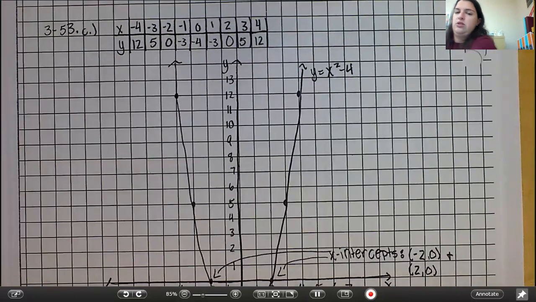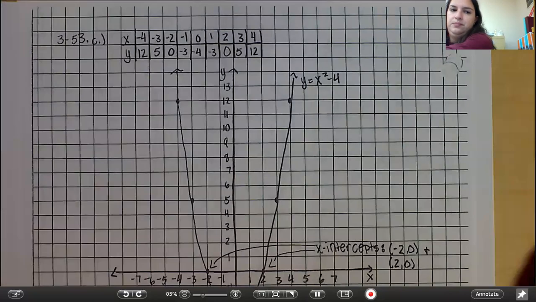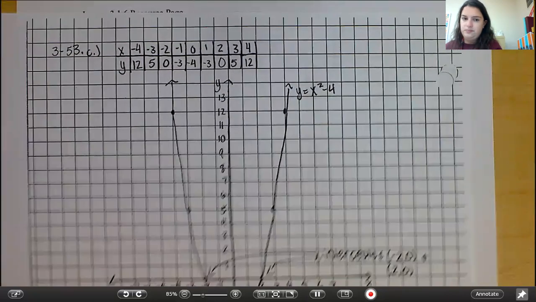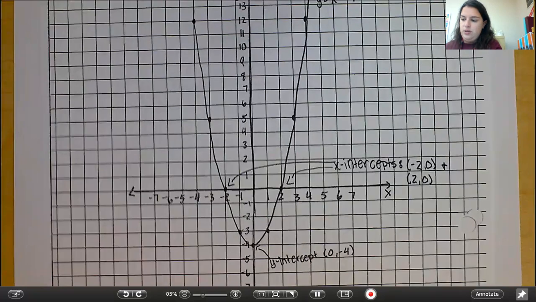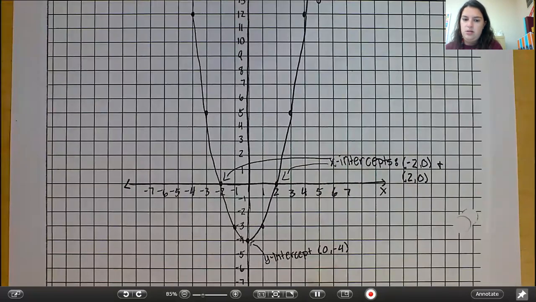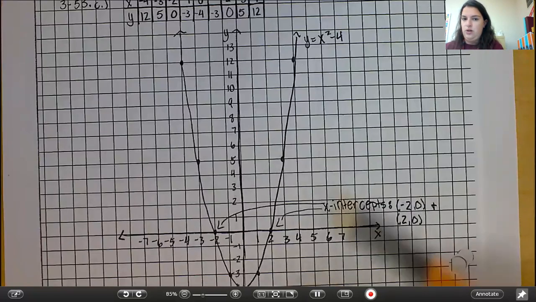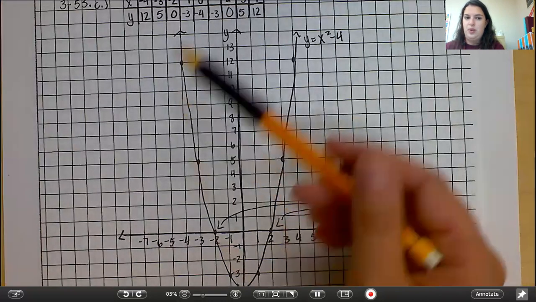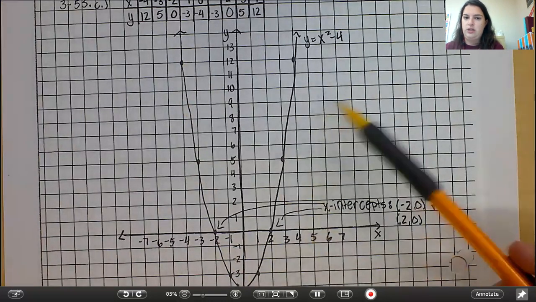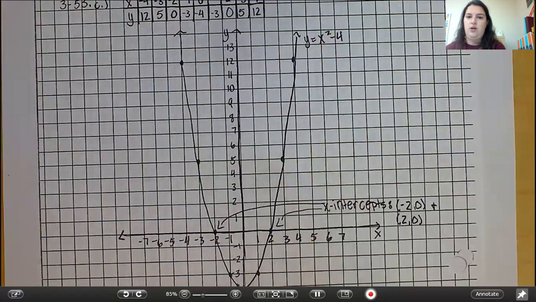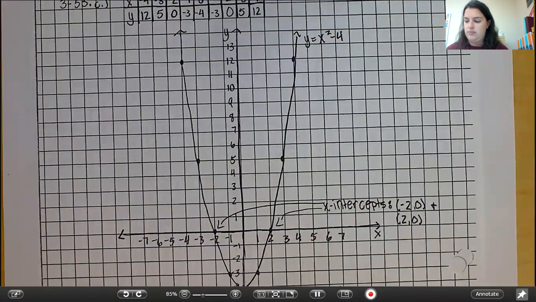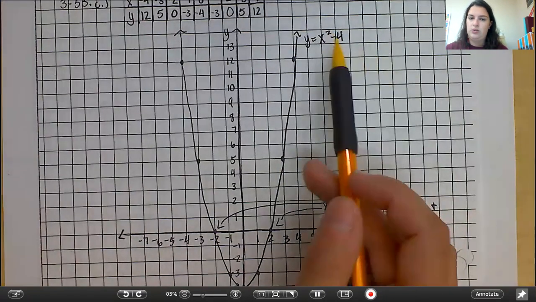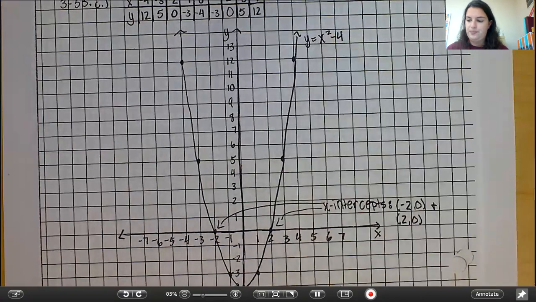It was y equals x squared minus 4. We scaled by ones again, okay? And you are still connecting your points, but your shape is different. It's not a straight line. Arrows still go on the ends of your lines. And again, we have y equals x squared minus 4 right there.